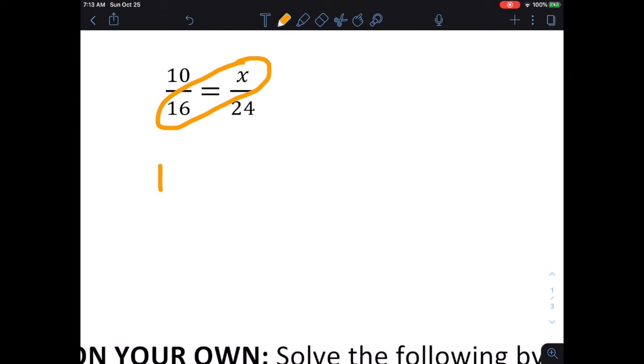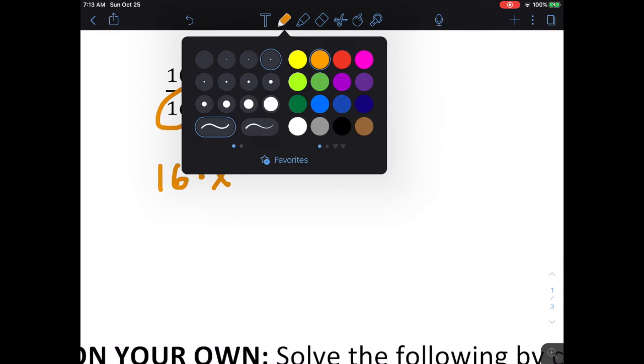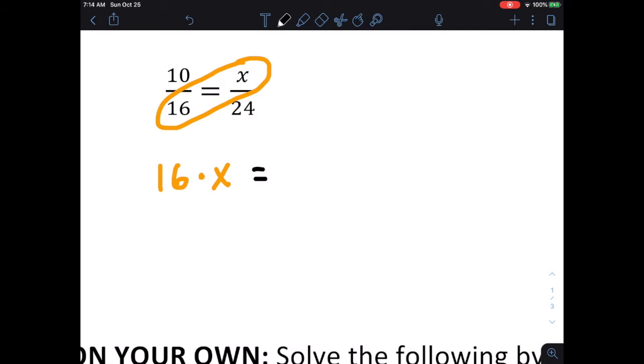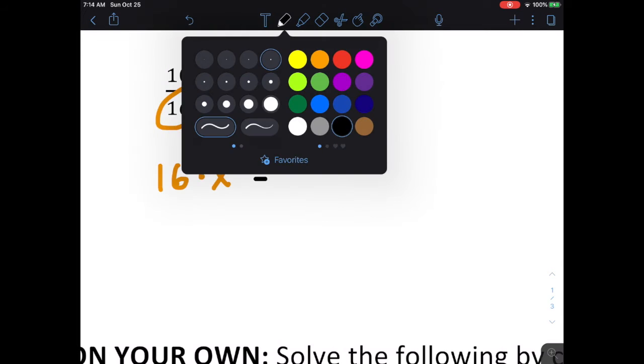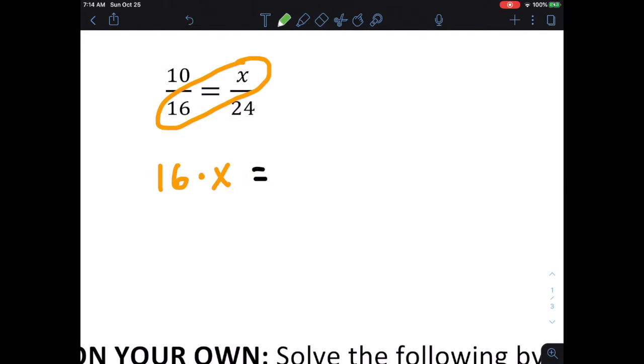So we have 16 times x, and that's going to be equal to the numerator from one fraction times the denominator of the other fraction. In this case, 10 times 24.